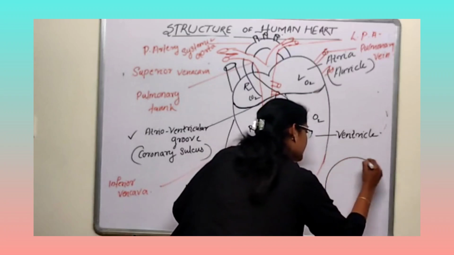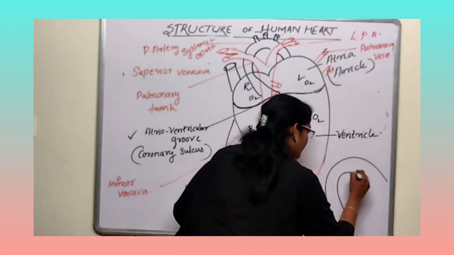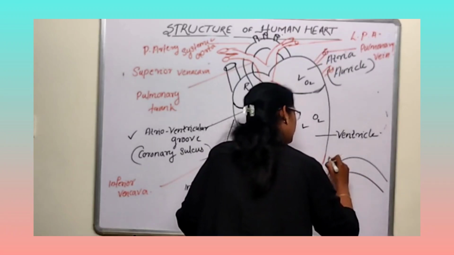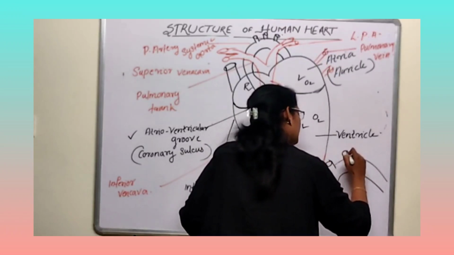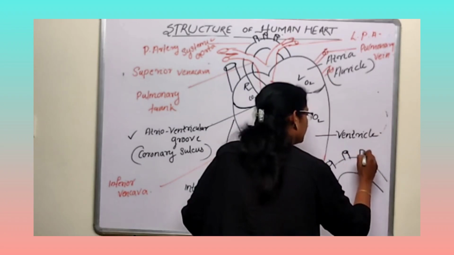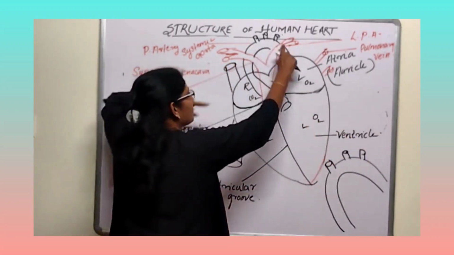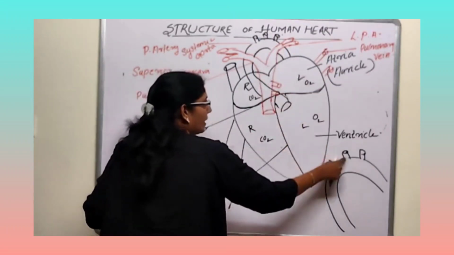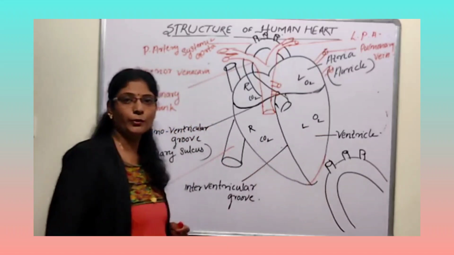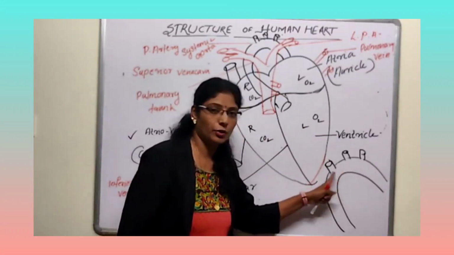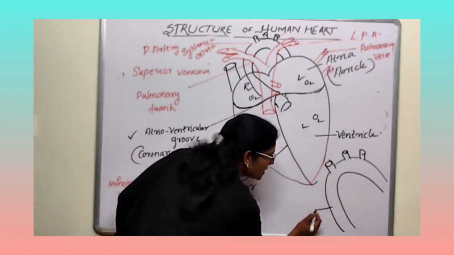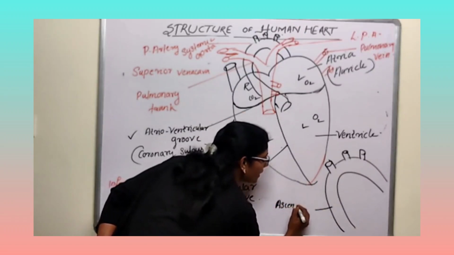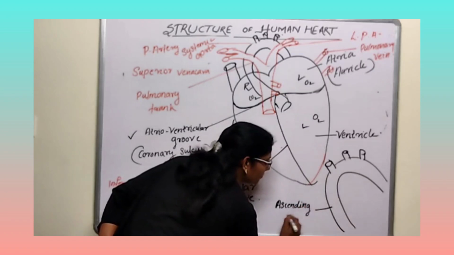See, like this the systemic aorta is going. One branch, this is another branch, this is the third branch. See, this one, this black color one. Okay, this is the first branch, this is the second branch, and this is the third branch. Now the systemic aorta consists of this portion, which is called the ascending aorta.